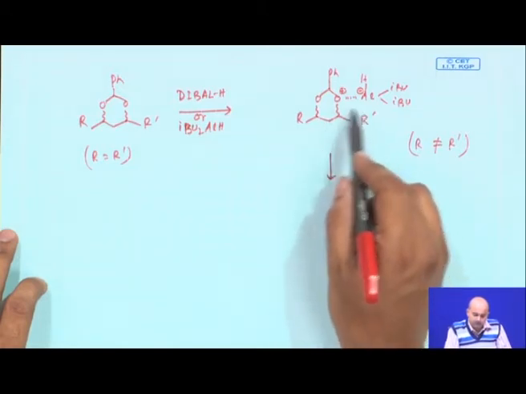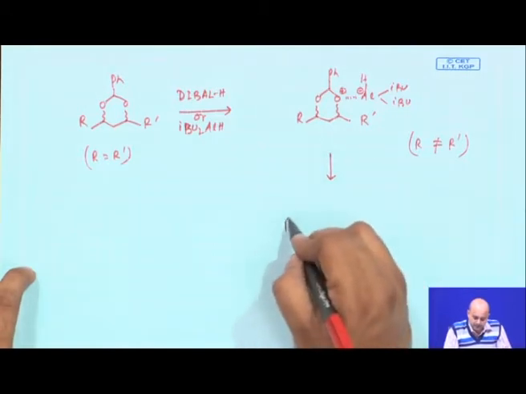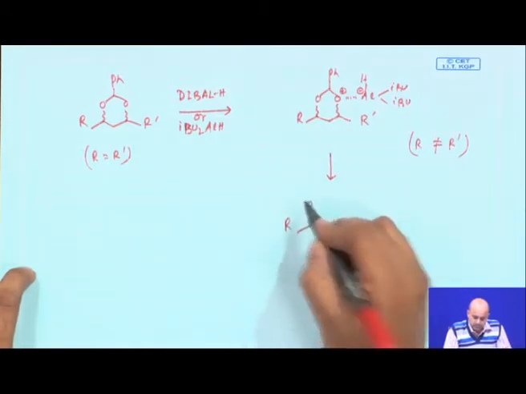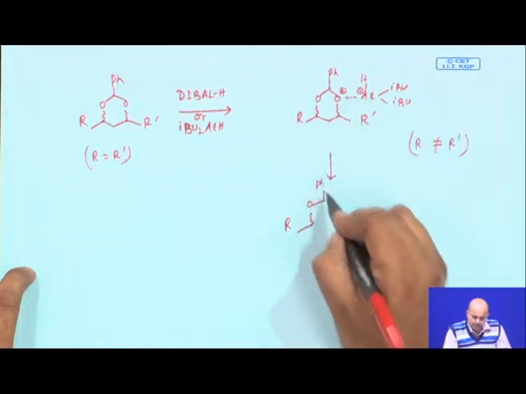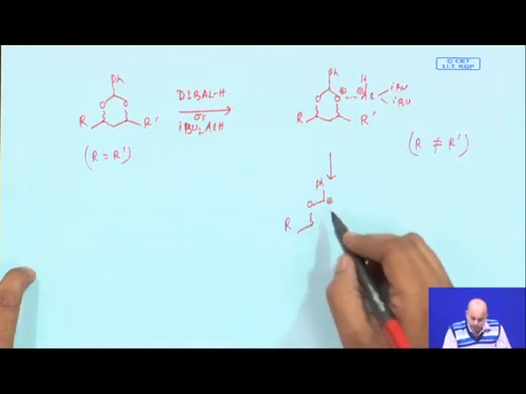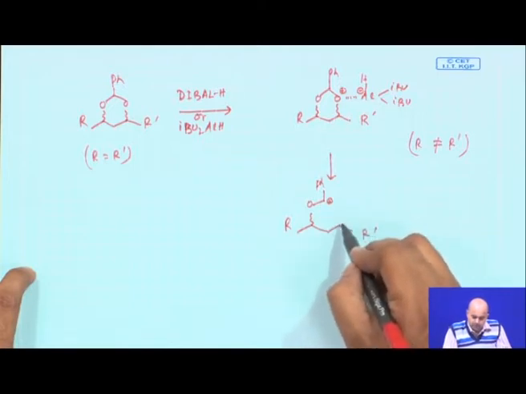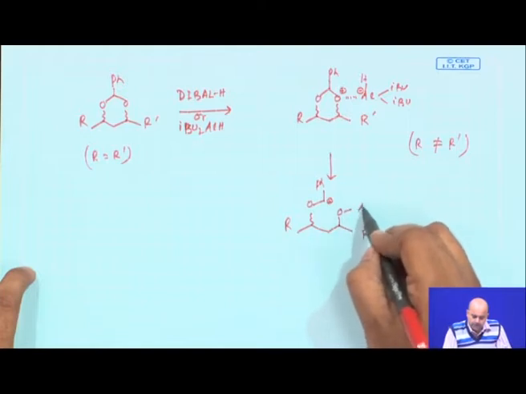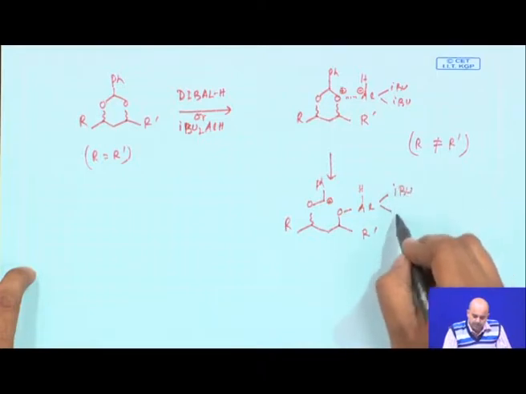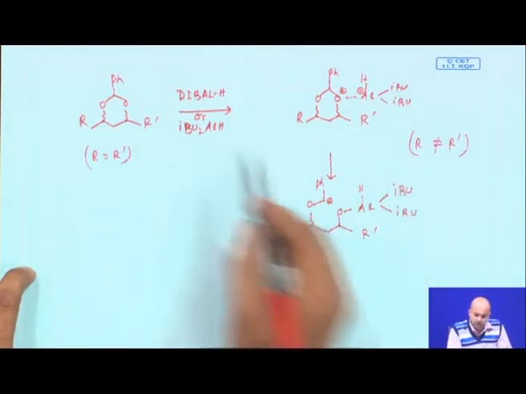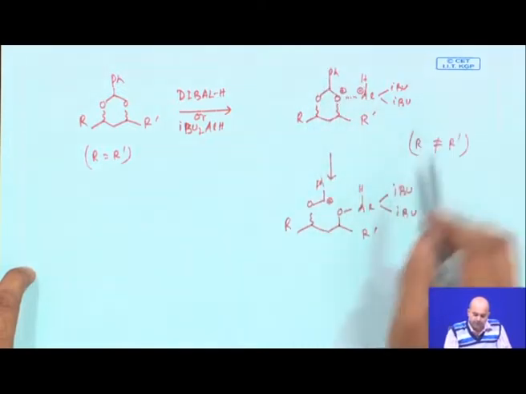Now, once this initial coordination takes place, this particular bond is kind of polarized, and you will find that it will open up in this way to give you a benzyl kind of cation. As all of us know, benzyl cation is quite stable. So, benzyl cation will be generated here. If R equals this phenyl, it could be a simple benzene ring or it could be para-methoxyphenyl.